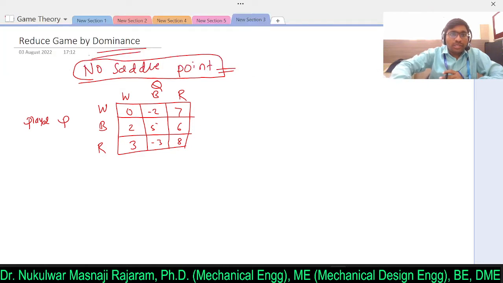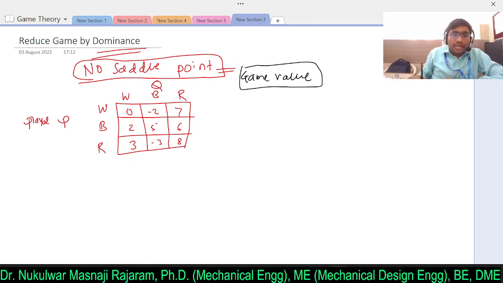Now we need to reduce this matrix, or evaluate the game value for this particular game. Let's first check for a saddle point. First I will consider the row minimum and column maximum.